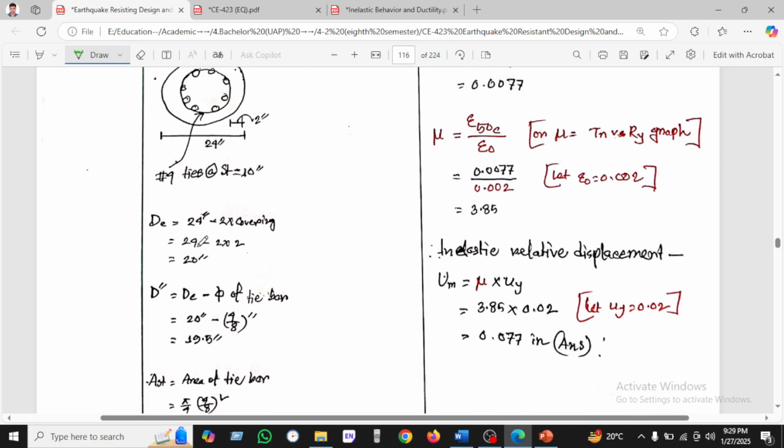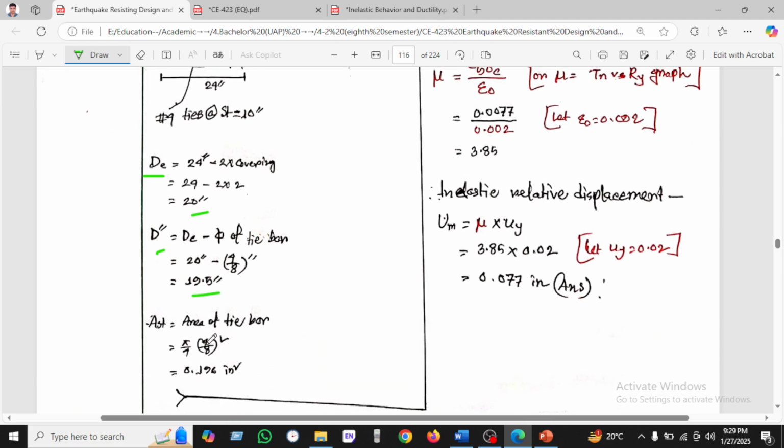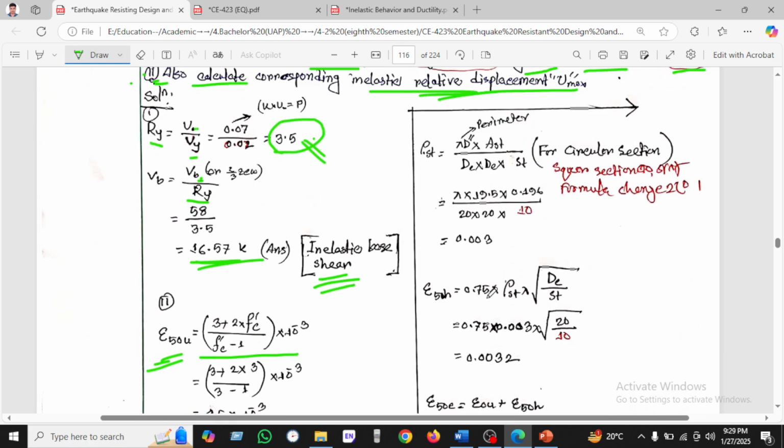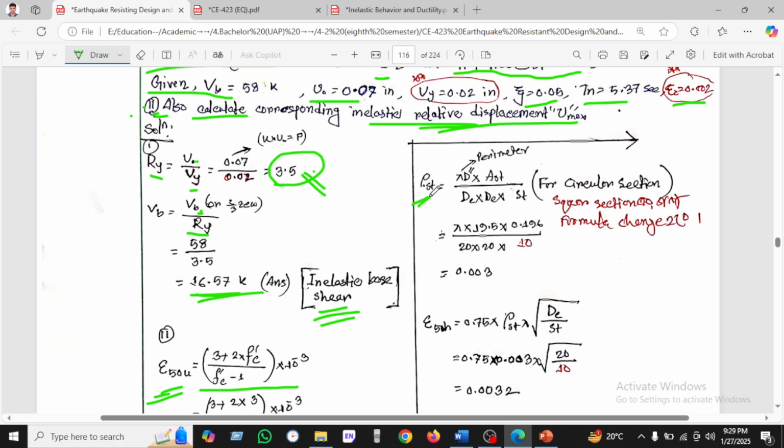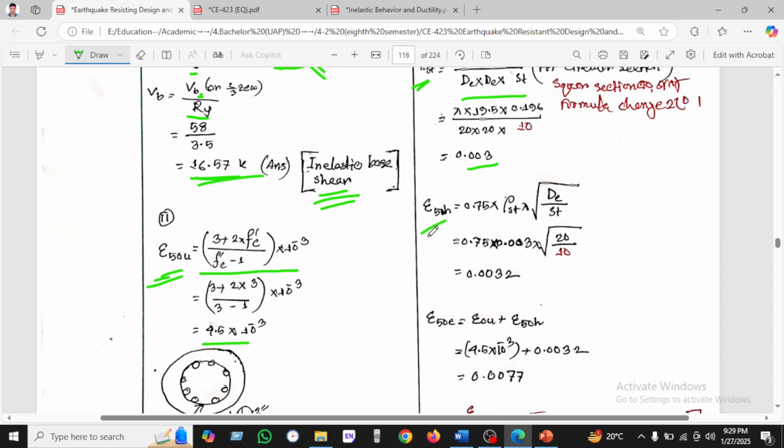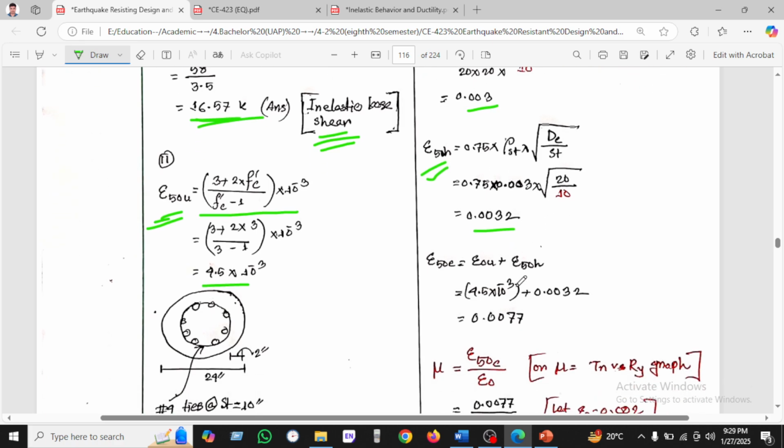So from this given data, we can see the DC, which is 20, D double prime, which is 9.5, and AST have been given pi by 4 square divided by 8, and found 0.196. And we will use for circular section rho pi d into AST from this equation, found 0.03. And the elastic strain, we have used this formula and found 0.002.